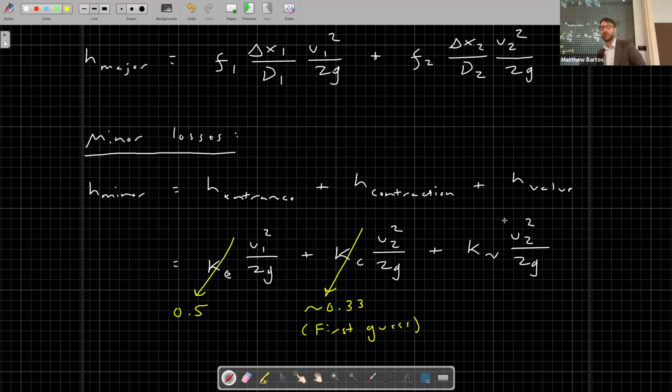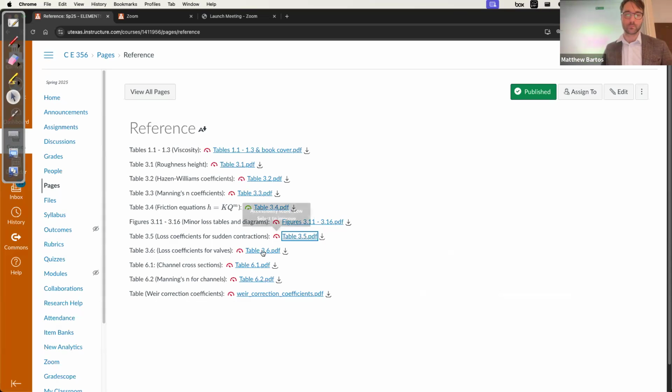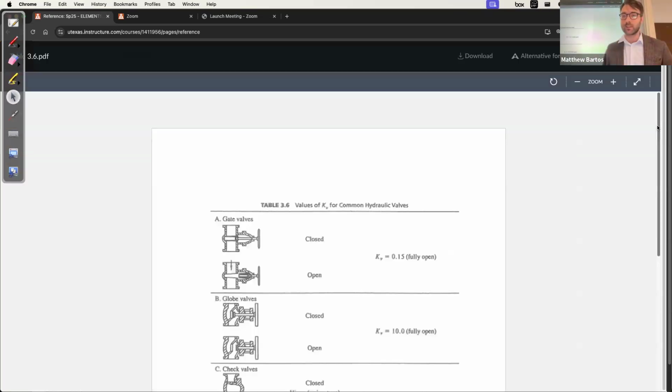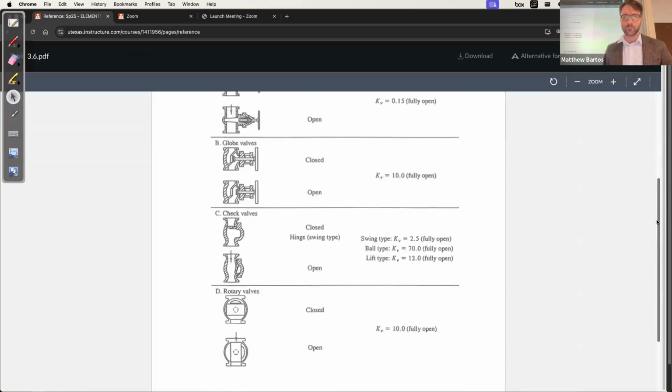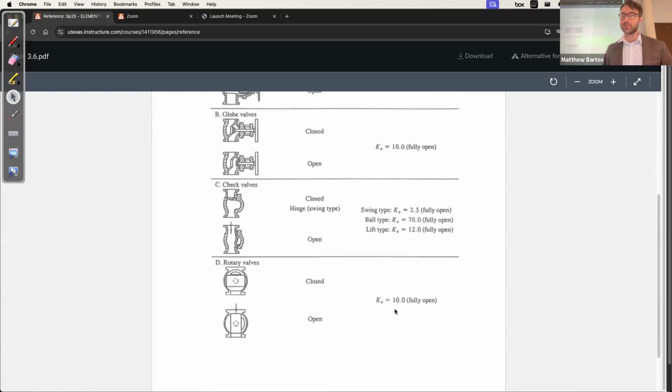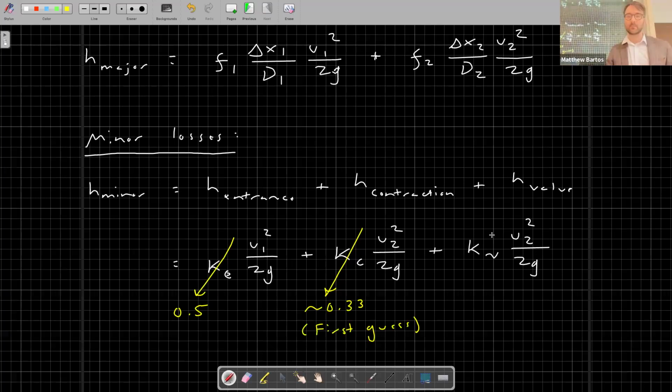And then finally, we have our valve loss coefficient. We have to look that up in our table as well. This is a rotary valve, and we can see that for rotary valves, the valve loss coefficient is going to be 10. So this is going to be the largest source of the minor losses for our system.